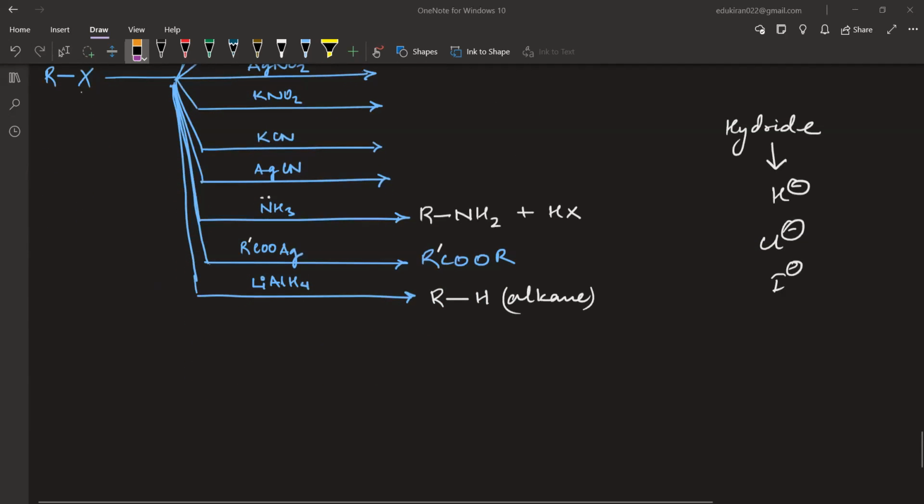Okay, so I think there is one question which is very important in your NCERT. Do you have NCERT textbook? Yes. Okay. So there is one question.